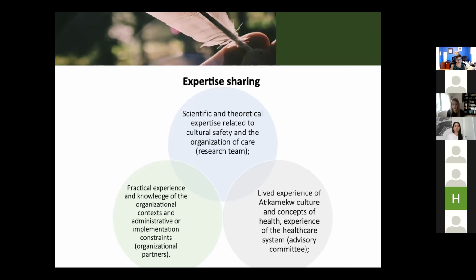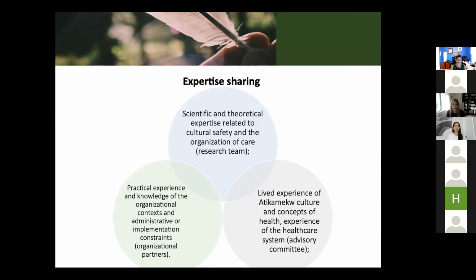This is a committee formed by really the representatives from the community partners, but some people in this committee are also health professionals in their own community. So they have multiple hats, but they are all Atikamekw.